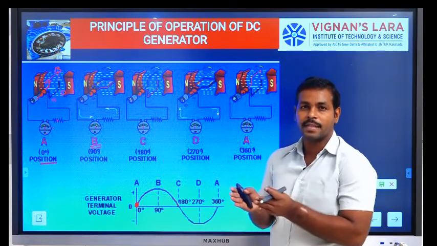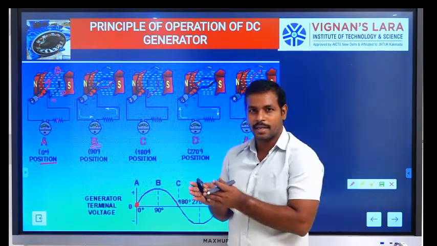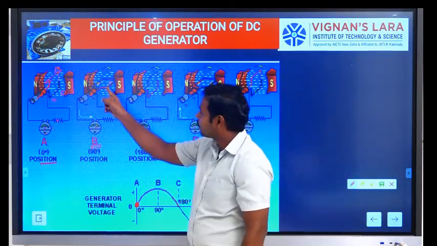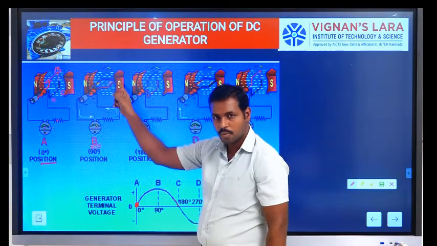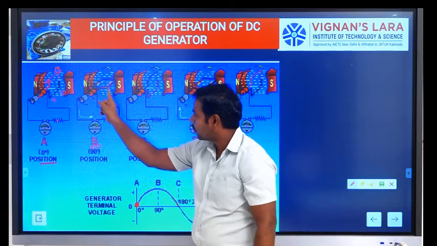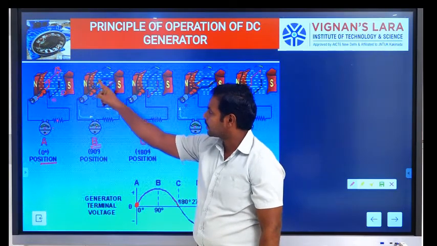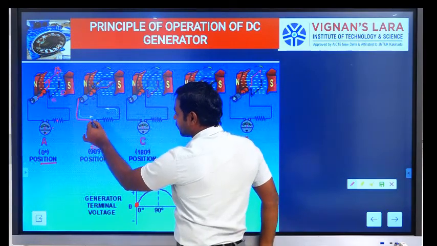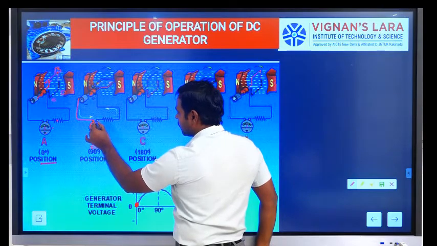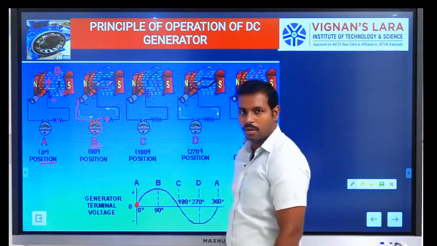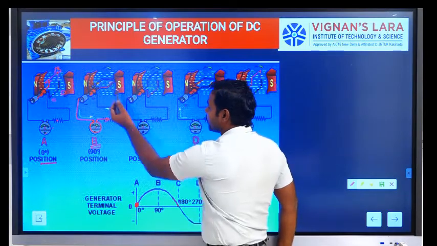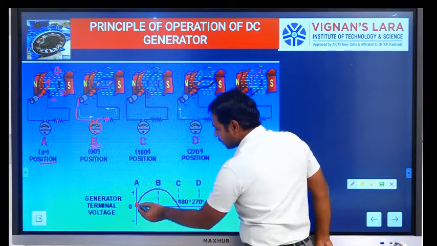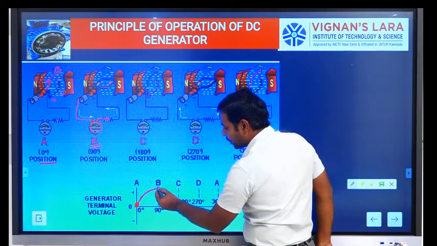Already we know Faraday's first law: whenever a conductor cuts a magnetic field, it induces an EMF. That EMF is collected by the split rings and finally delivered to the external load. In this position, the maximum amount of flux is cut by the rectangular coil, so the EMF reaches its maximum.